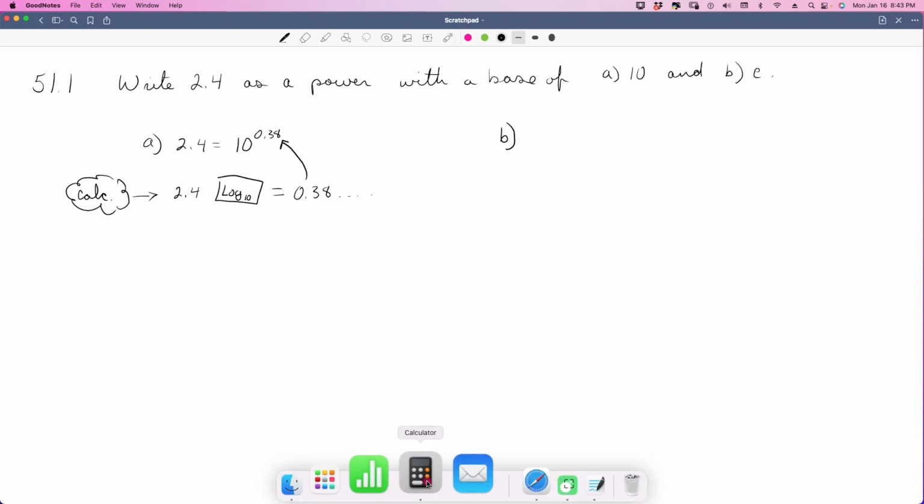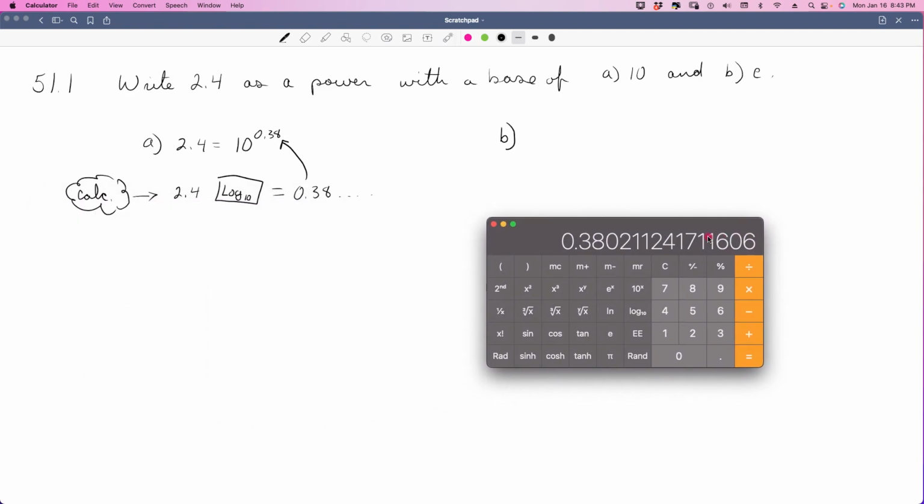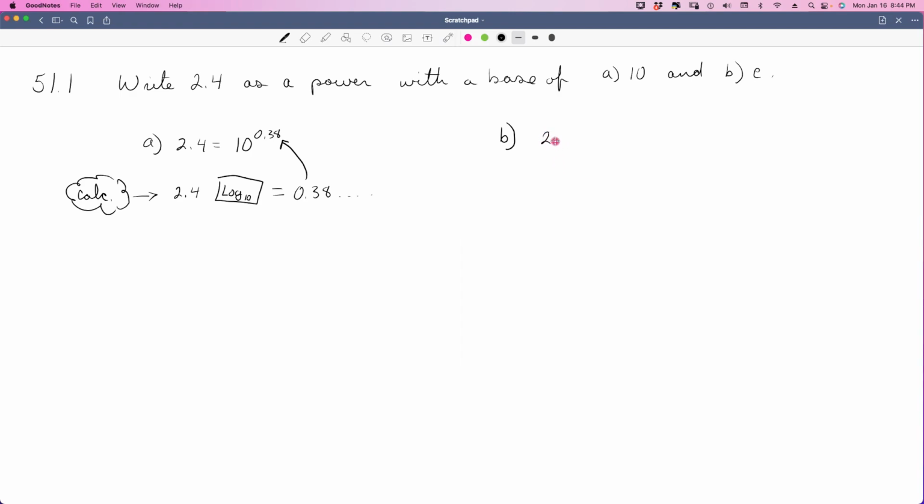Let's bring up my calculator again over here. All right, so if we enter 2.4 on the calculator and we press the ln key right here, we get a big long number. And we can round this to 0.88. So we would write that like this. We would say 2.4 is equal to e^0.88.